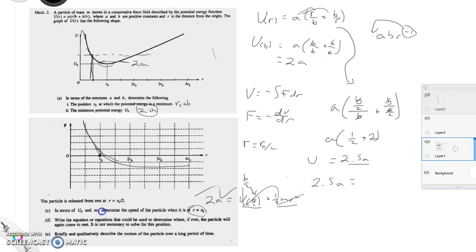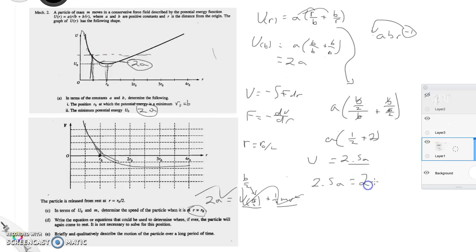Then it asks about the speed at R naught, which means that we want to know the speed when the potential energy is equal to 2A, because that's the energy that we had at that position. So if the total energy that we found after being released at this point is 2.5A, that means that when we get to this point, there's about a half joule of free energy to be kinetic energy, because some of that potential energy we had here transformed into kinetic energy as we rolled down this hill.